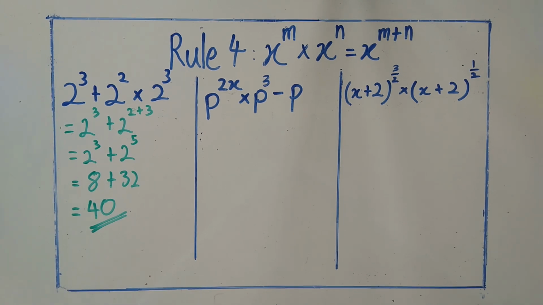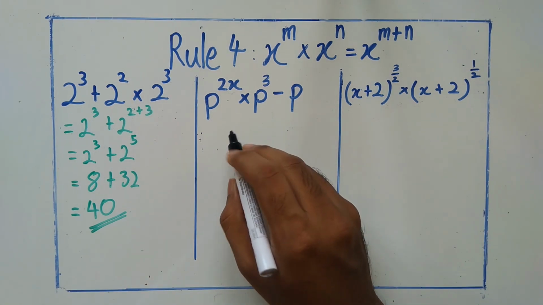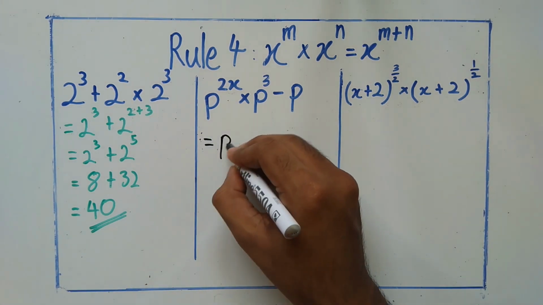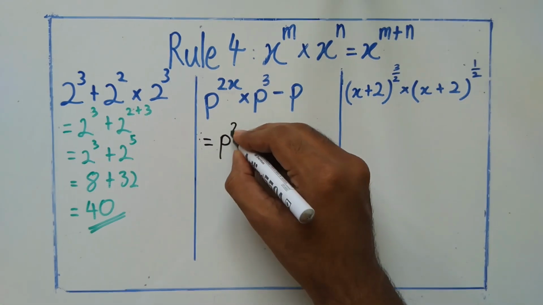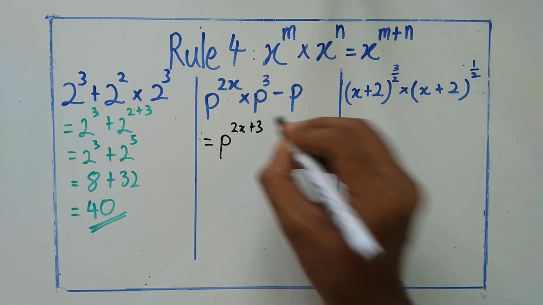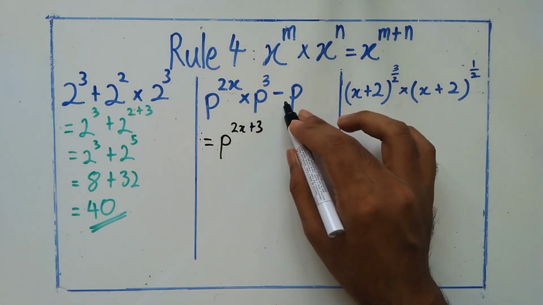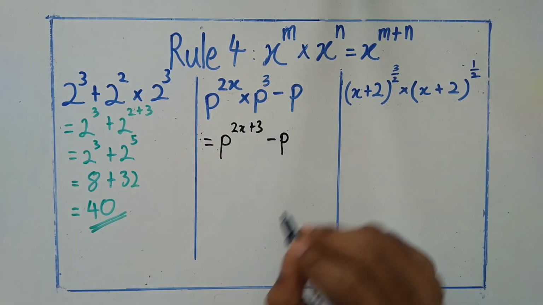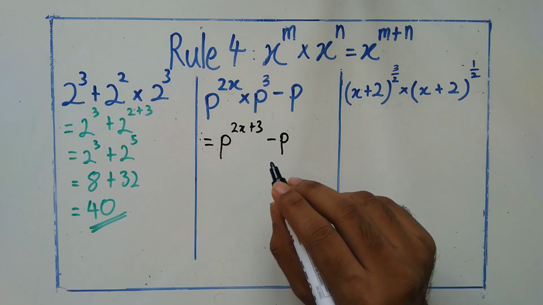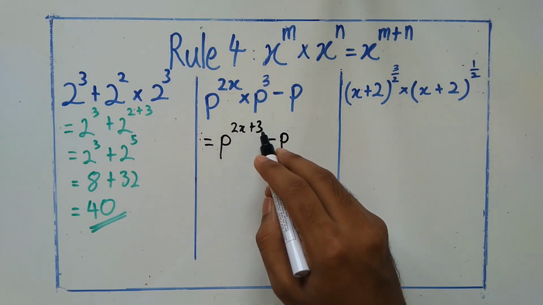In the second example, we can multiply the p terms to get p to the power of 2x plus 3. We cannot use the addition rule on the minus p term, so we leave it at that. You will get p to the power of 2x plus 3 minus p.